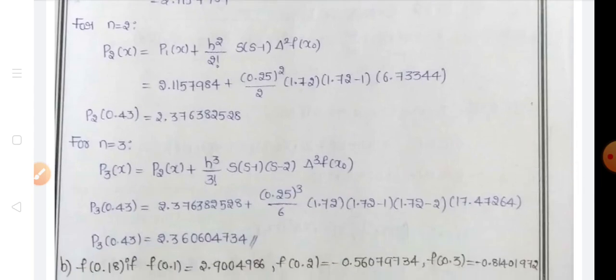After simplifying we get the value is equal to 2.36060. Therefore P3 of 0.43 is equal to 2.360604734.